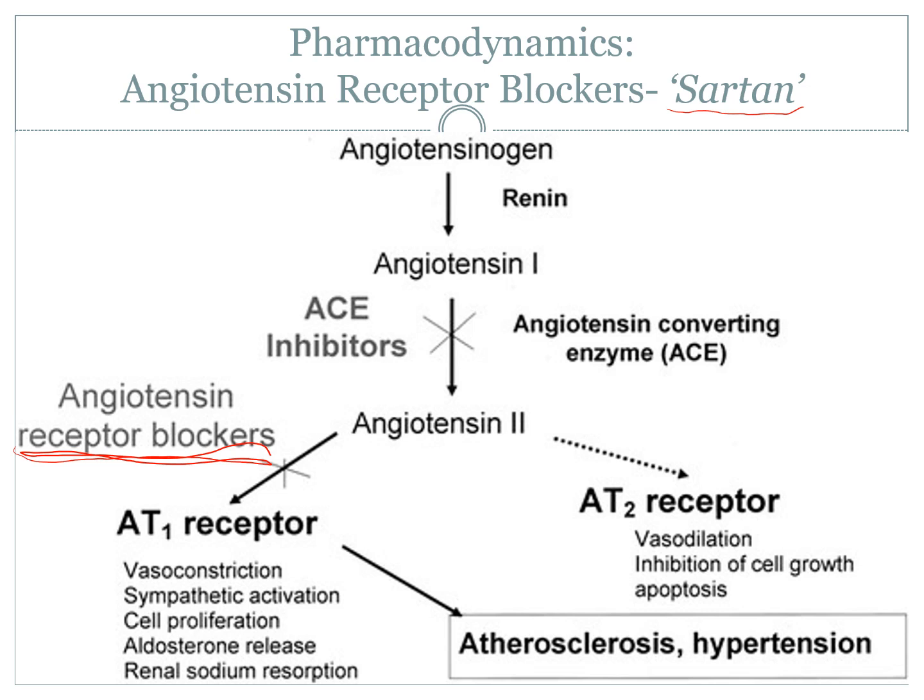Now, this particular class of drugs allows angiotensin 2 to be produced, but then they block the angiotensin 1 receptor. And what that does is it stops vasoconstriction, stops the sympathetic response as well, and it also stops your aldosterone release.